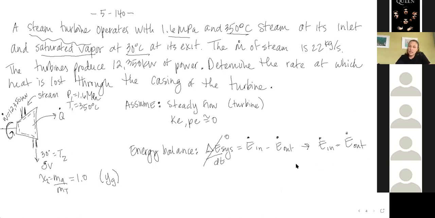So our energy in is our Q over time coming in, plus our work over time coming in, plus the summation of all of our incoming mass flow rate times our fluid flow energy term, is equal to our Q coming out plus our work coming out over time plus the summation of our outgoing mass flow rate times our fluid flow energy term.